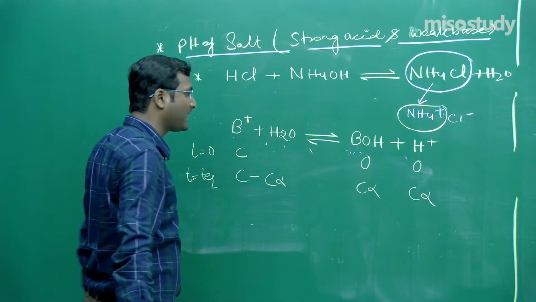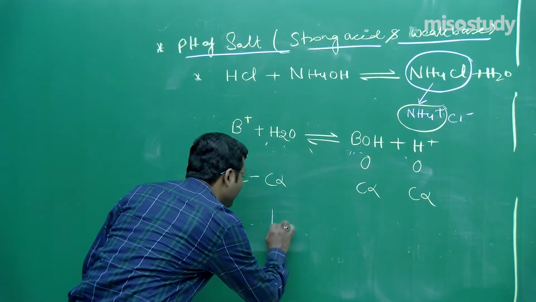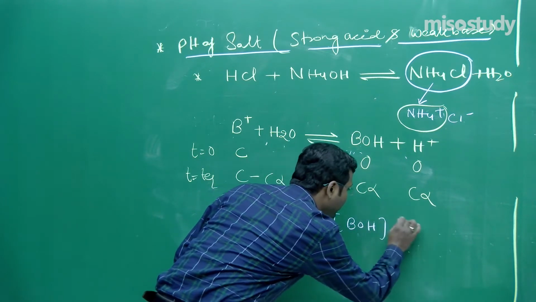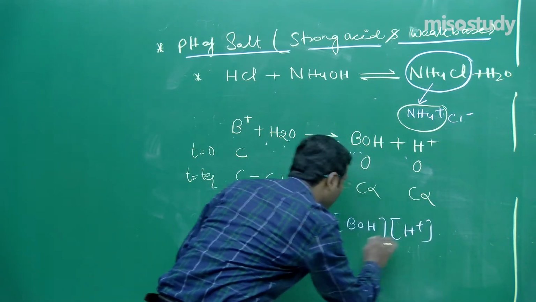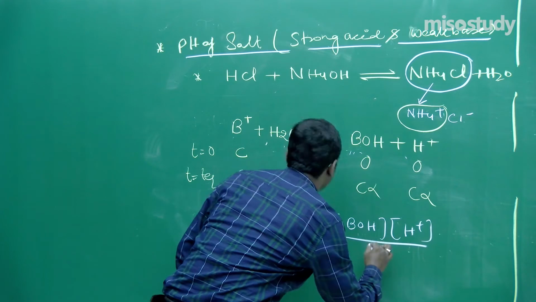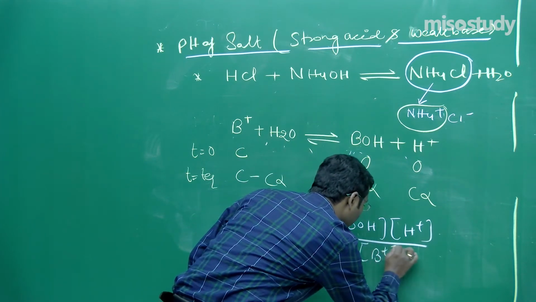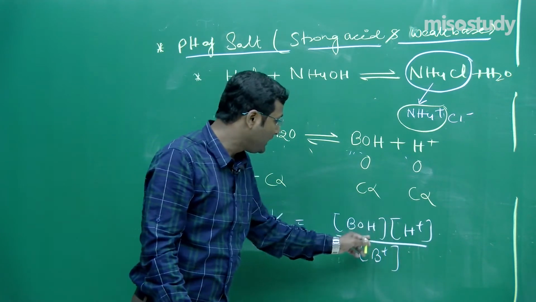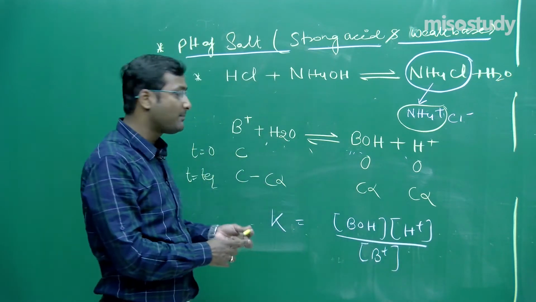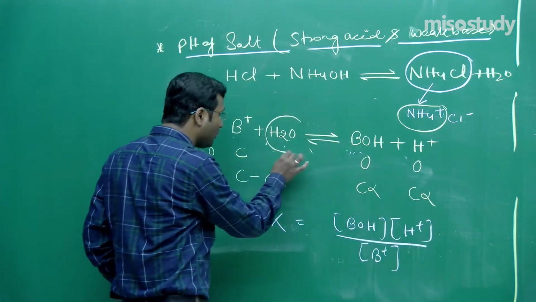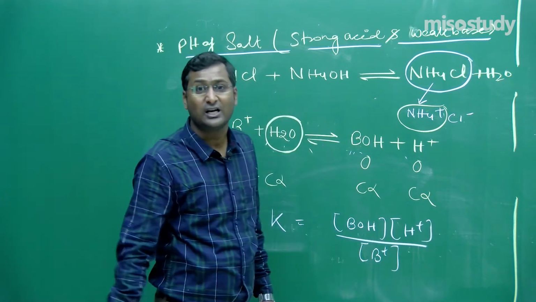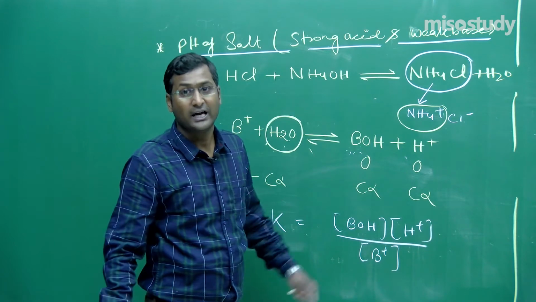Now write down the expression for K. K is equal to BOH into H plus upon B plus. Is it visible to you? Why am I not taking H2O? It is a pure liquid, and in case of a pure liquid the concentration is 1, as I have discussed in my previous lecture.